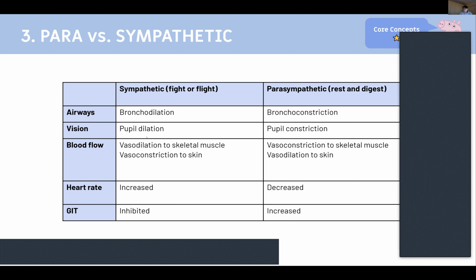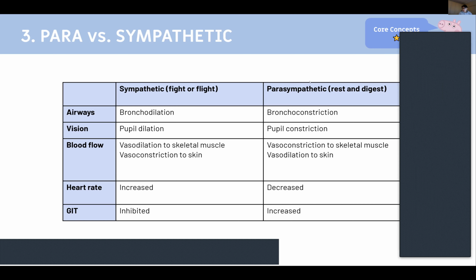If you're running from danger or about to fight somebody, you're going to want better vision, better respiration, and your blood flow is also going to increase to your muscles and decrease to your skin. Heart rate's going to increase, and your gastrointestinal tract is going to have inhibition, because you don't want to be digesting food when you're in a fight or flight response.